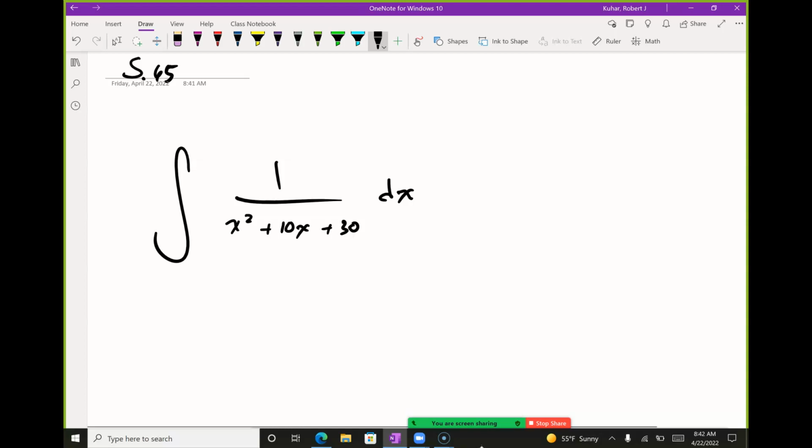I need a 2x plus 10 upstairs to have my du, but I can't get the x. I can only multiply by 1 using coefficients or add 0 using coefficients, right? And you'll see me do that, add 0, on the next problem.